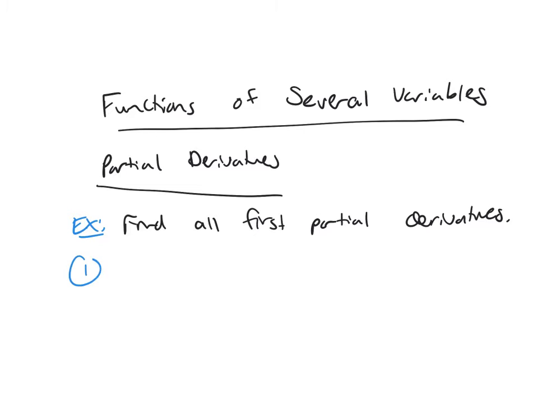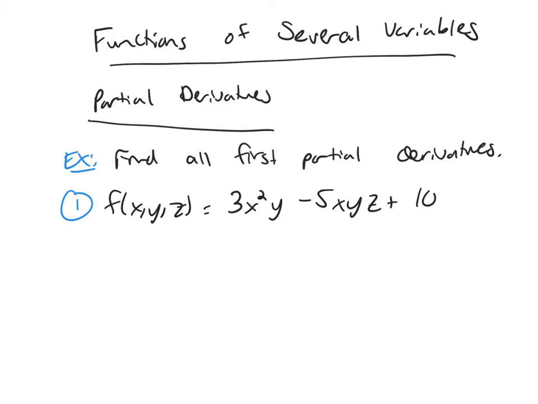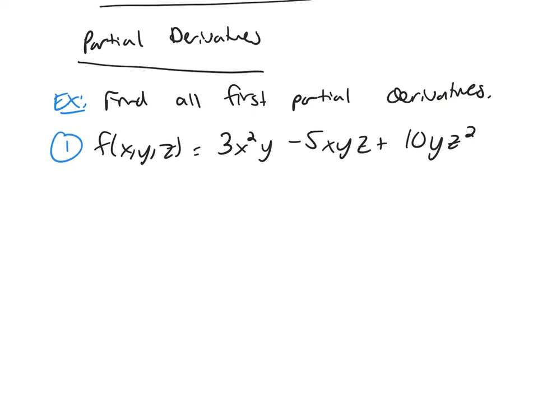So the first one, the function we're going to look at is f of x, y, z will be 3x squared y minus 5xyz plus 10yz squared. So this is just a polynomial, so it's not too bad to find your partial derivatives. fx, so you would get 6xy.